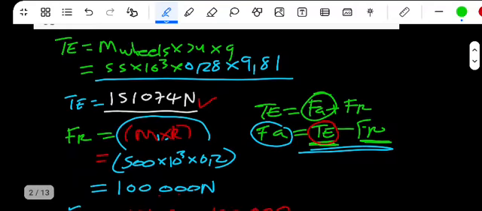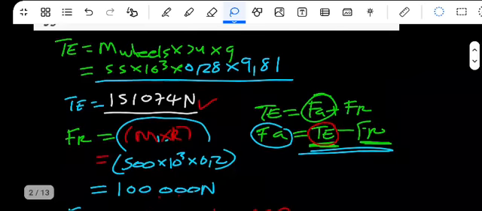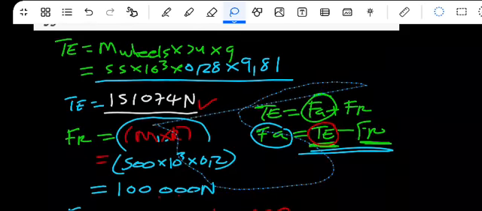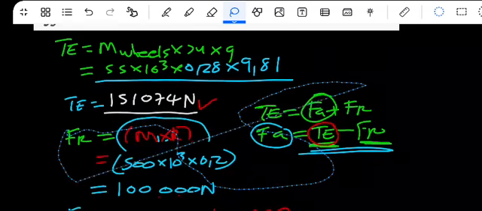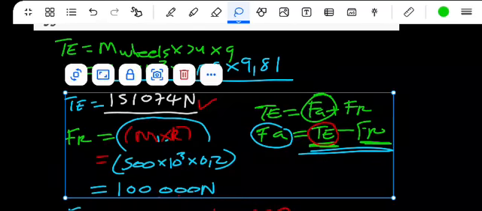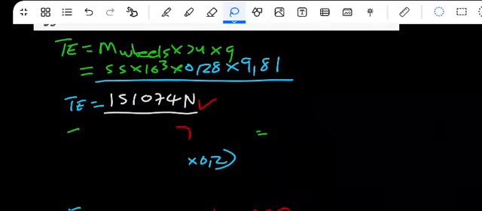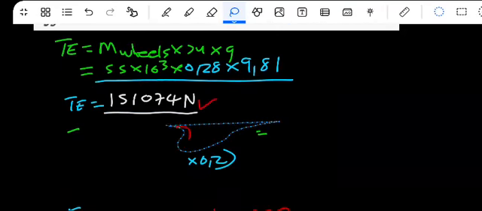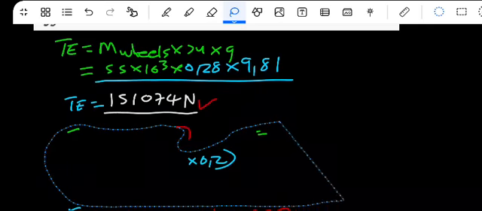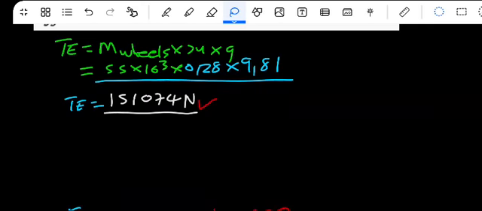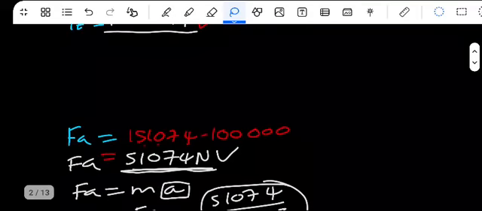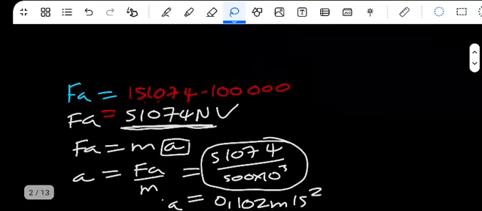Sorry about that. Cancel this. I want us to be left with the essential part, the acceleration.